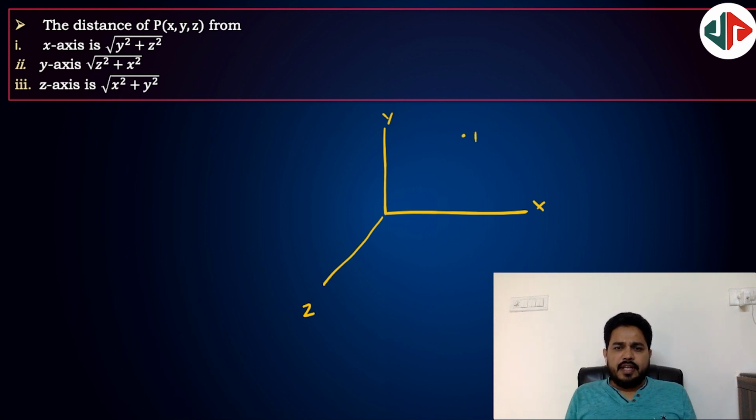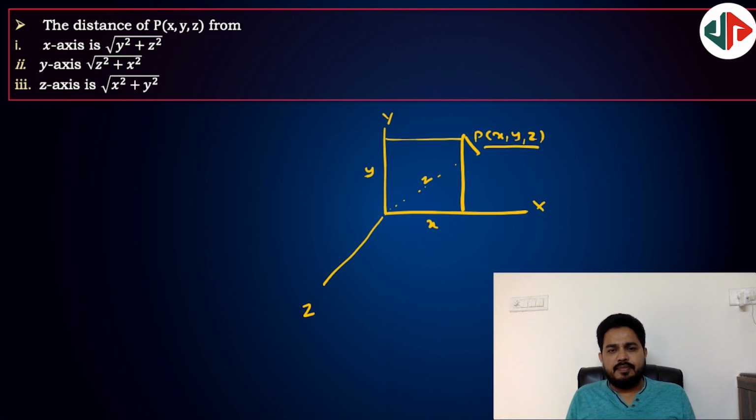Any point can be represented in the form x comma y comma z. So if this line goes like this, if this line length is z, this length is x, this length is y, we call this point x comma y comma z.